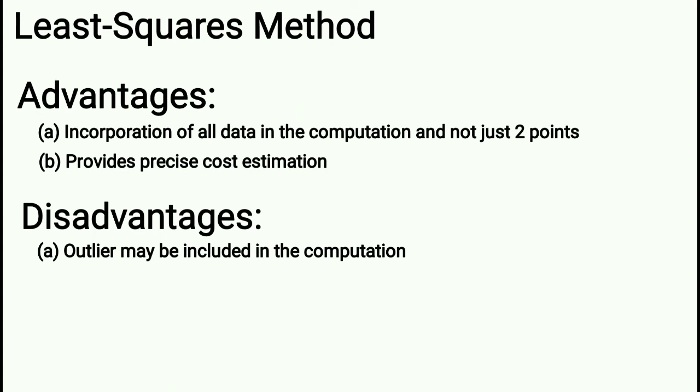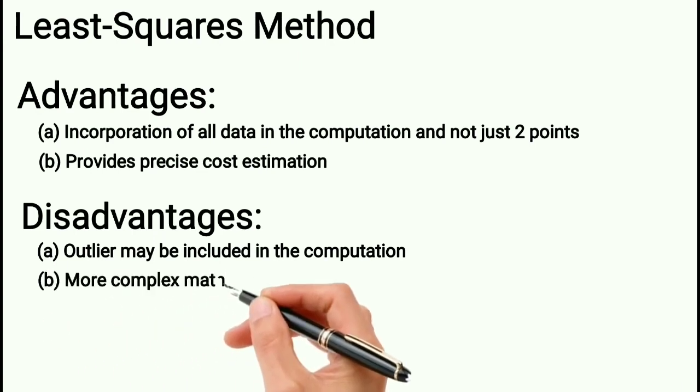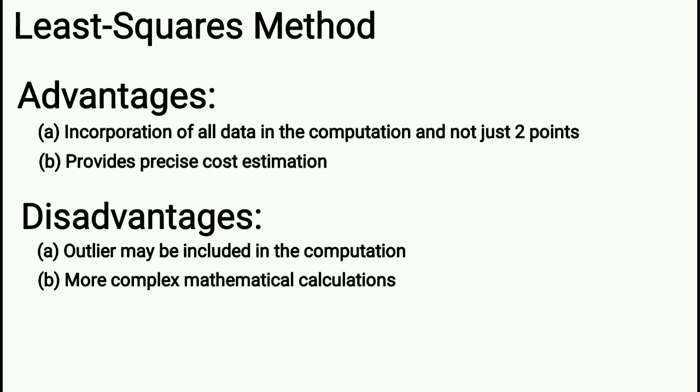Aside from that, another disadvantage of least squares method is that there is a more complex mathematical calculations. Of course, this method is statistically based. Alam naman natin na pag sinabing statistics, the calculations are more complex and procedural.